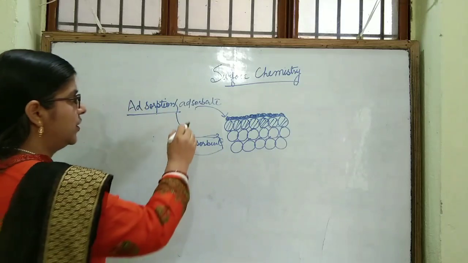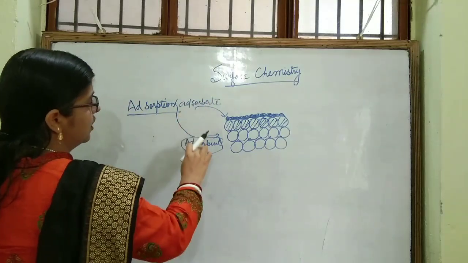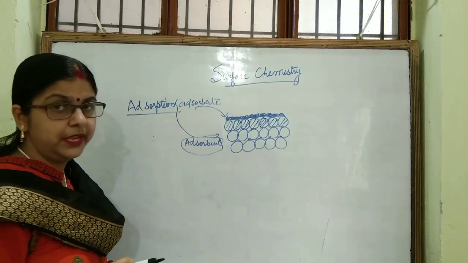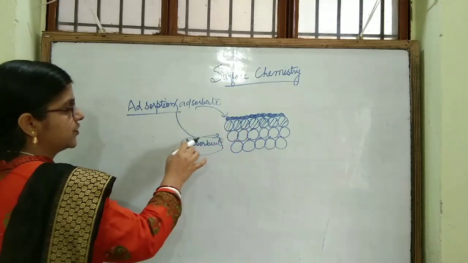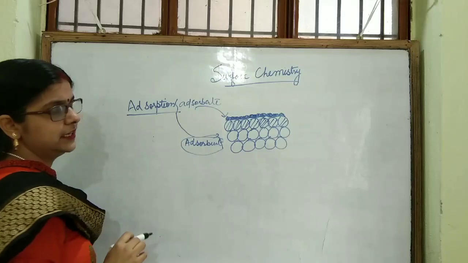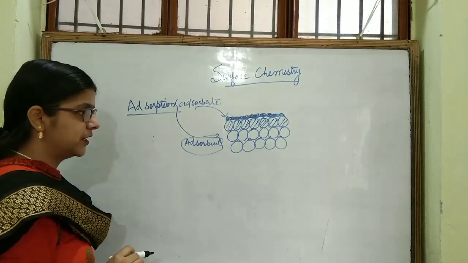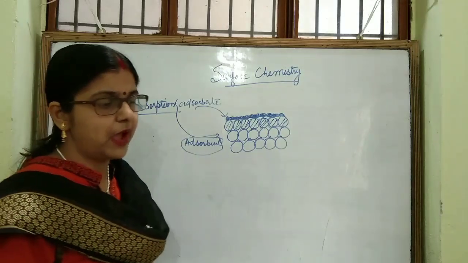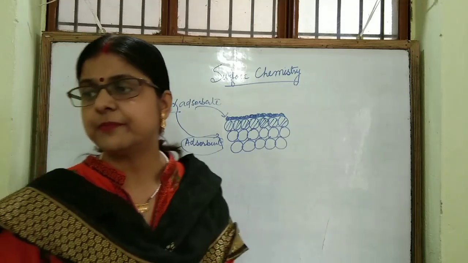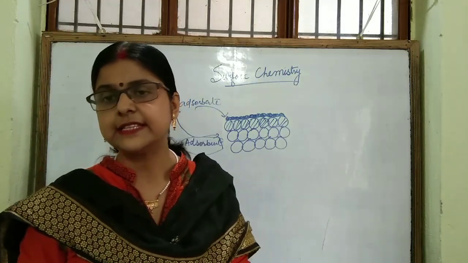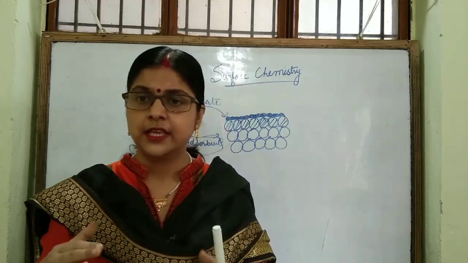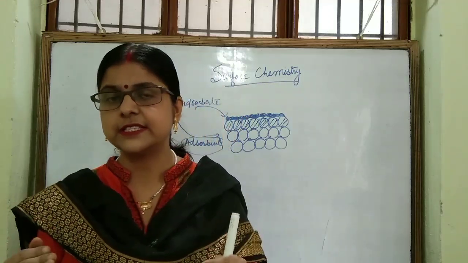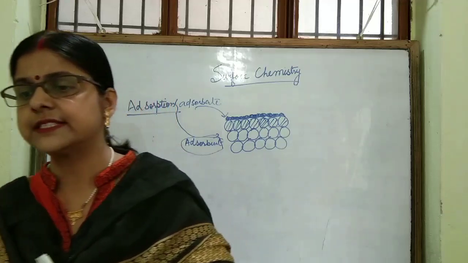There are two terms, adsorbate and adsorbent. Adsorbate is the substance which is adsorbed, and adsorbent is the substance on which it is adsorbed. We have to keep in mind that it is not a bulk phenomenon. In this process, the substance is adsorbed only on the surface.